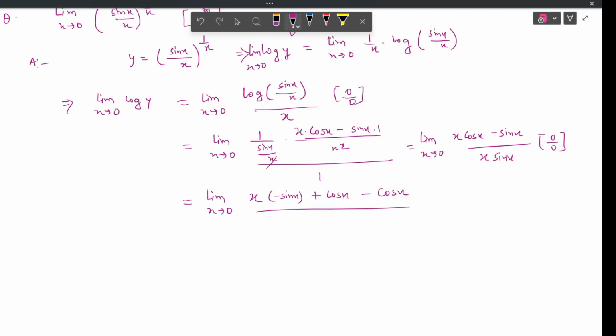You have to apply u v rule in the denominator also, so keeping sin x, differentiation of x is 1, keeping x, differentiation of sin x is cosine of x. Now we put 0, this will be 0, cos 0 is 1, this is 1, this cancels out actually, so 0 by sin 0 is 0, this is 0.